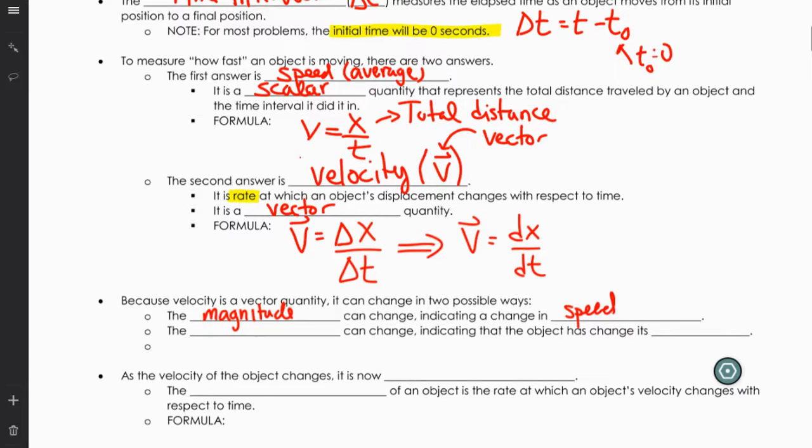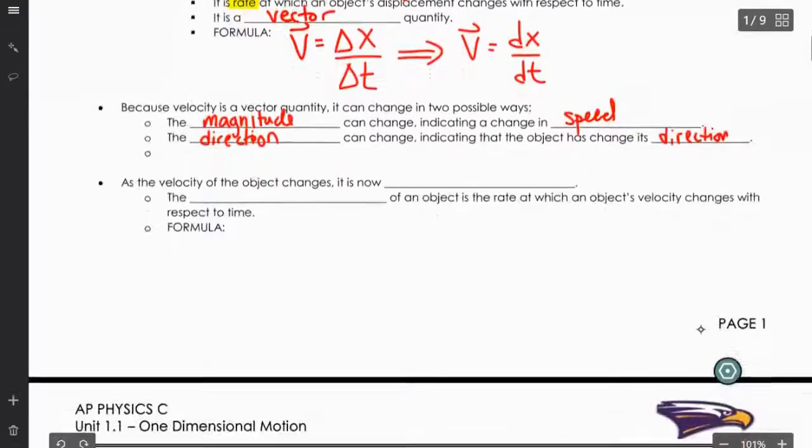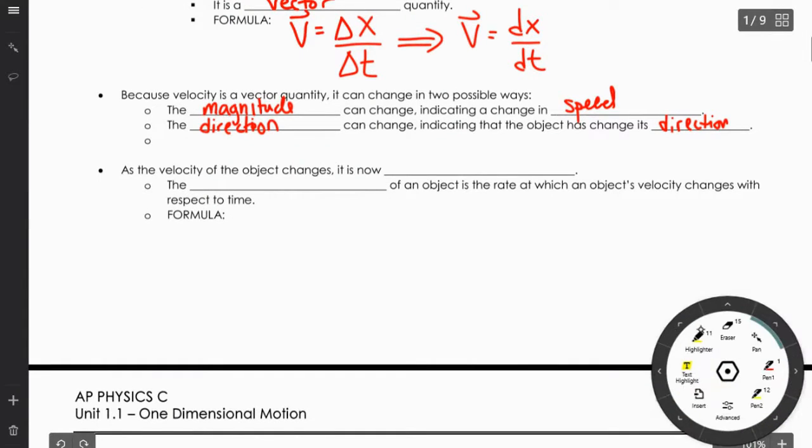The other way is that the direction can change, which indicates a change in its direction. It goes from positive to negative, or from 5 degrees to 35 degrees. At any point in time, if you change that direction, you are changing the velocity. Once you change the velocity of an object, you're now accelerating it.